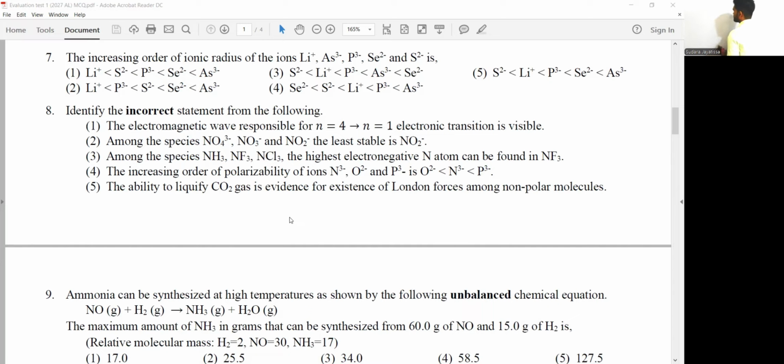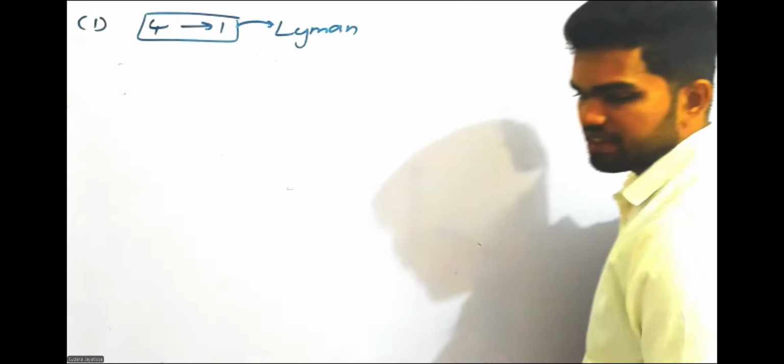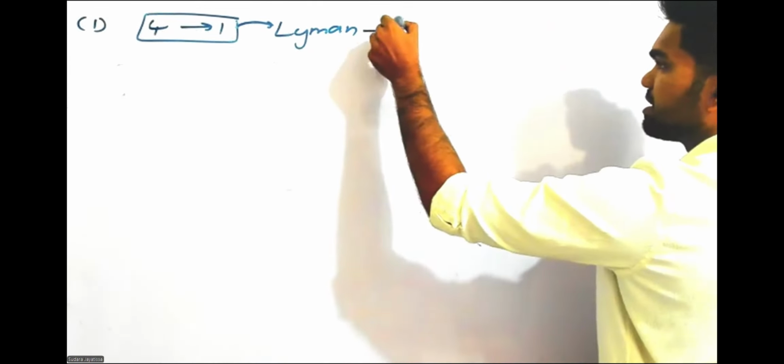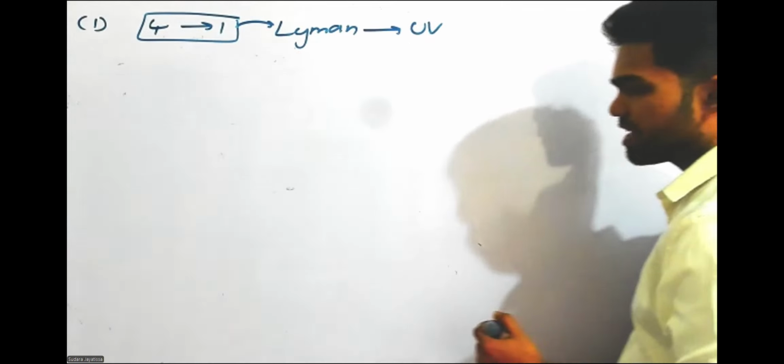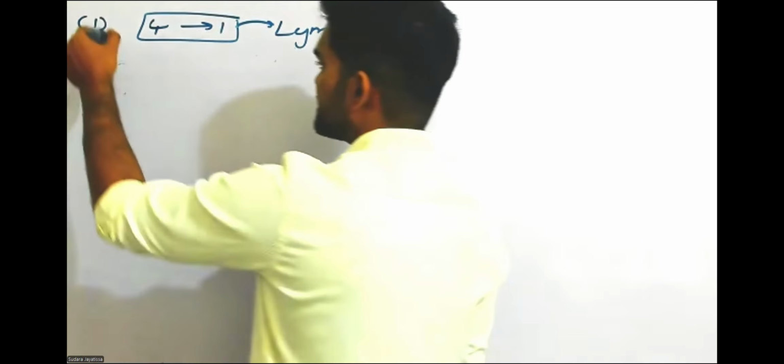So remember that the 4 to 1 transition is there in the Lyman series. Which region is the Lyman series in? The Lyman series belongs to the ultraviolet region. So therefore the first one is incorrect, since it says it is in the visible region.